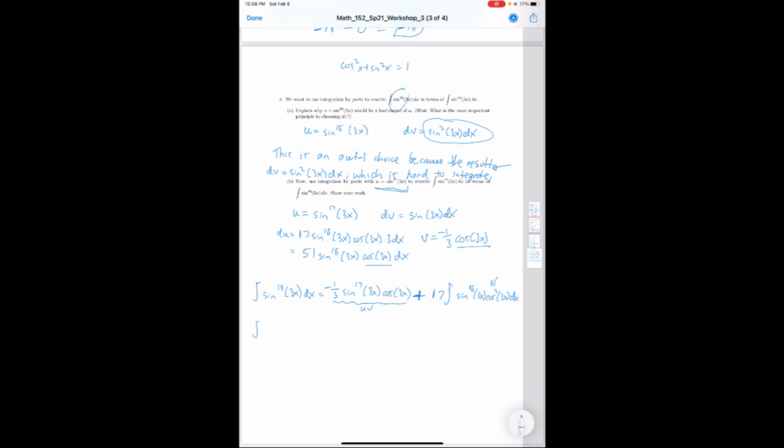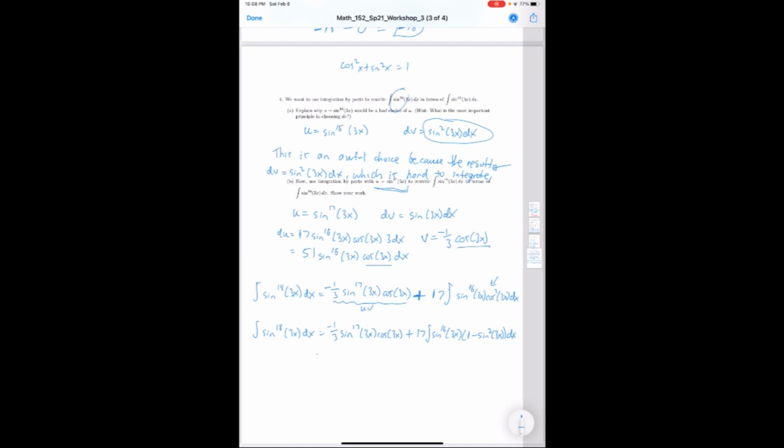So this is going to be the integral of sine to the 18th 3x dx equals negative 1/3 sine 17th 3x cosine 3x plus 17 integral of sine to the 16th 3x times 1 minus sine squared 3x dx.